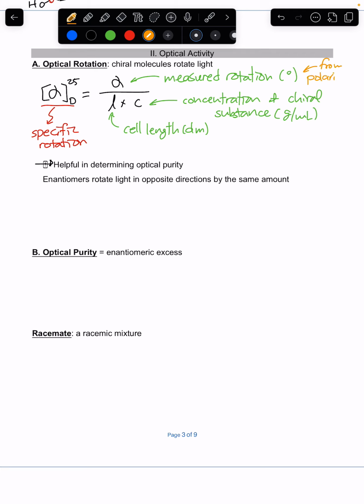That's the optical rotation measurement device, polarimeter. Okay. And so once you calculate the specific rotation, now these things can be compared between different labs.